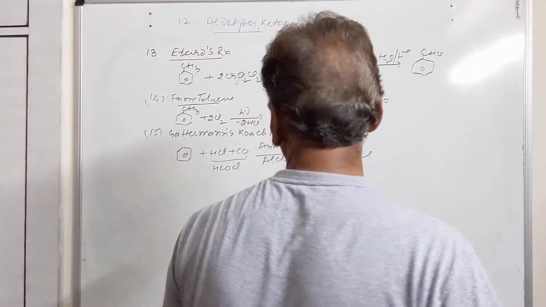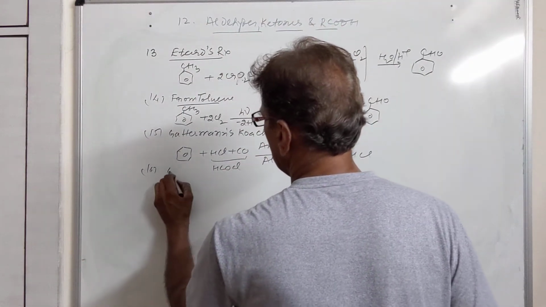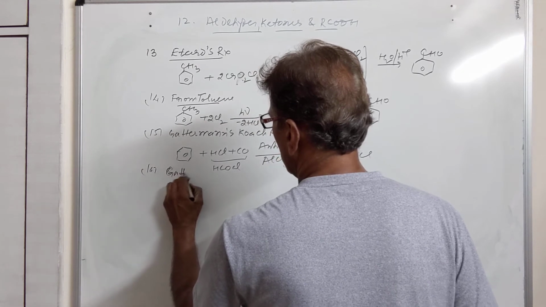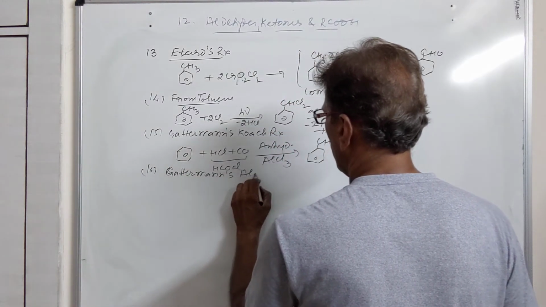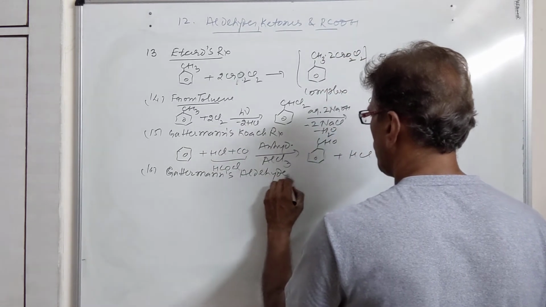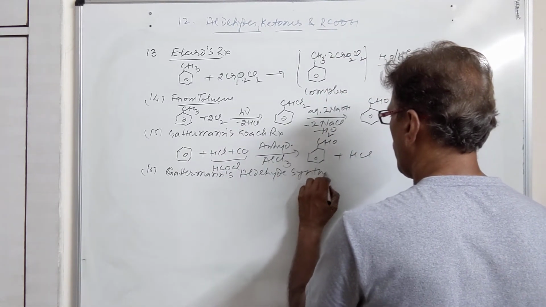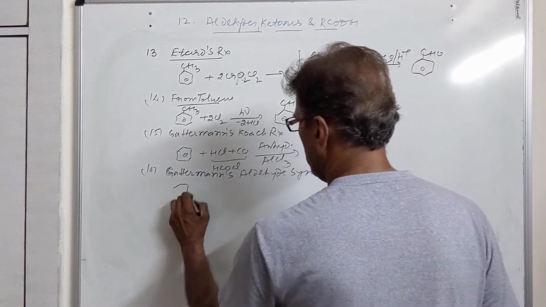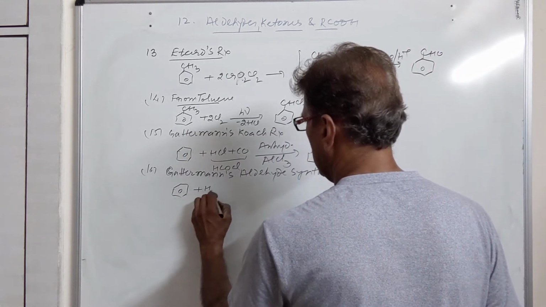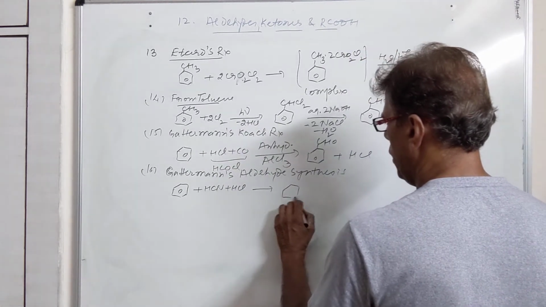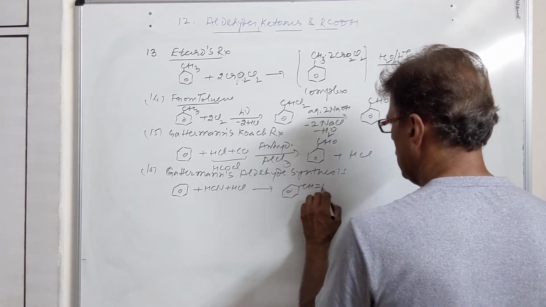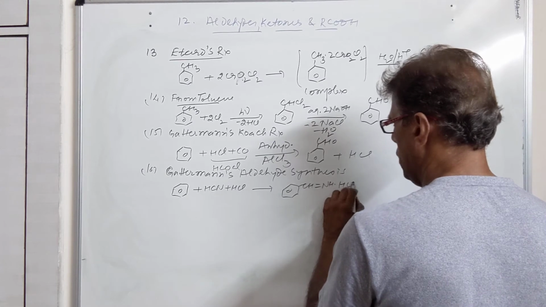Then we have the Gattermann aldehyde synthesis. Benzene is treated with HCN and HCl. You get the product CH=NH, HCl.